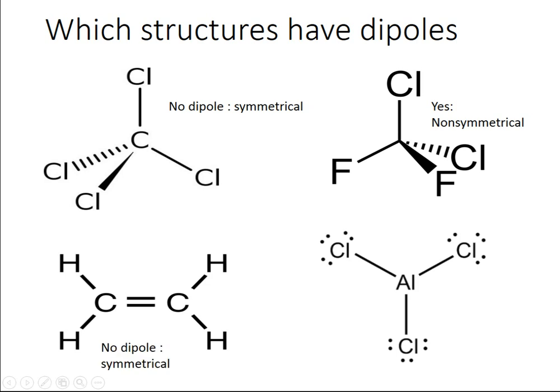The answer is no. We don't have a dipole here because this molecule is symmetrical. This will cancel each other. As I said, if you have the central atom and the side atoms are the same, and we don't have any lone pair here, the molecule is symmetrical. So the dipoles cancel each other.